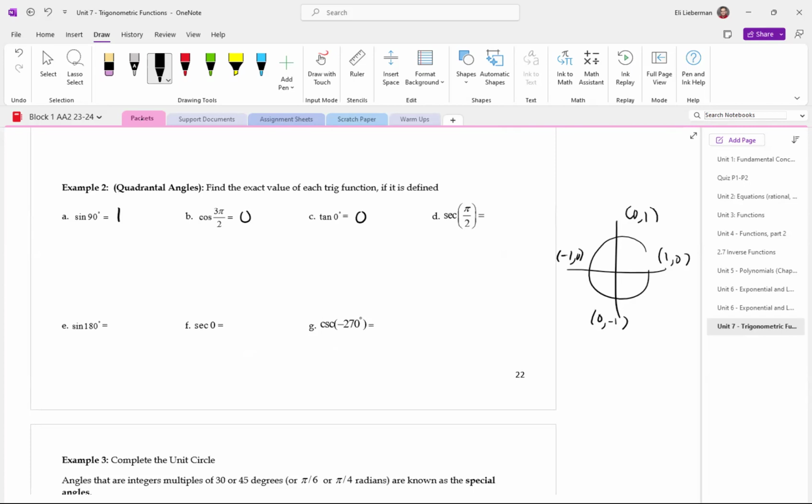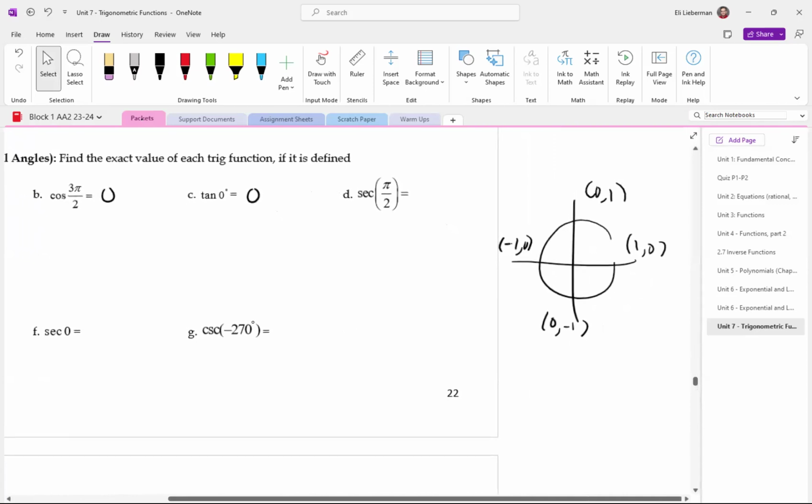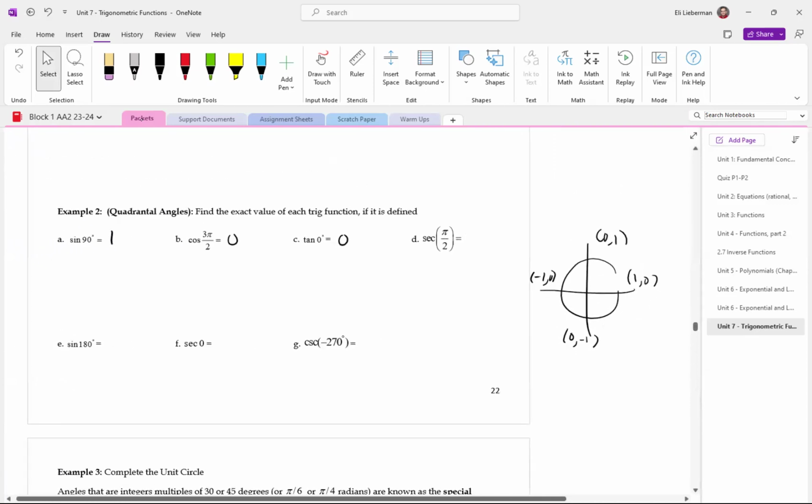What kind of angles are these called, by the way? Quadrantal angles. Okay, so if I'm looking for secant of pi over 2, I'm going to look directly up.